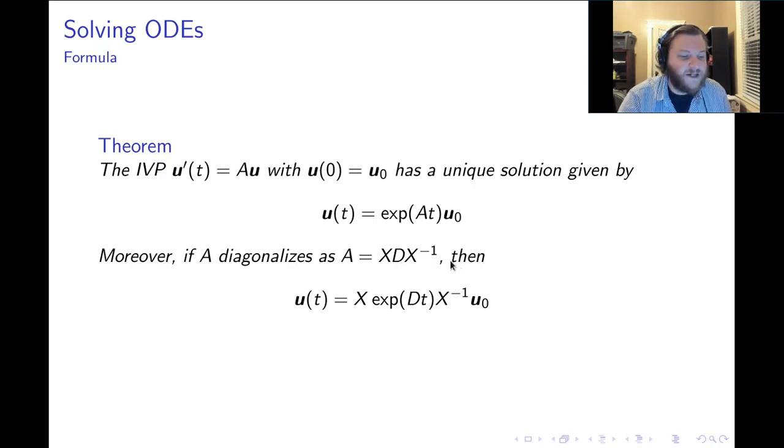We would try to diagonalize our matrix A as X times D times X inverse. Then if we apply this formula, which I call the similarity rule for matrix exponentials, it tells us that our solution further simplifies as X times the exponential of D times t times X inverse times the constant vector u0.